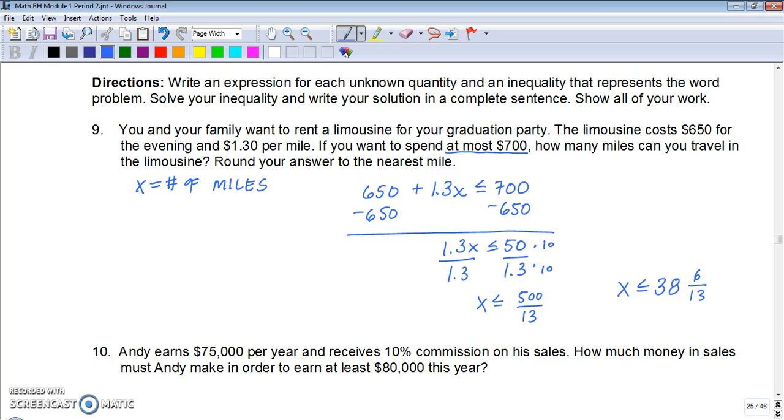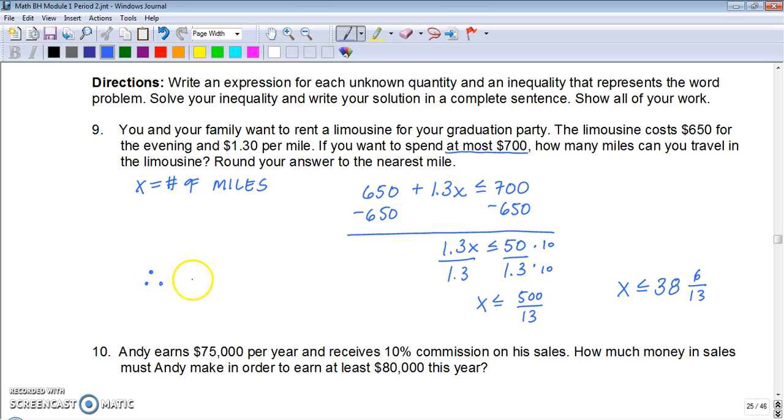And it gave us the restriction that we can only pay for whole miles. So the largest whole number that would work for this inequality would be 38. 37 would also work if I didn't want to go the farthest distance possible.